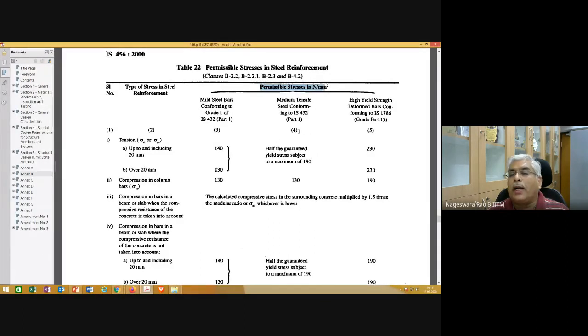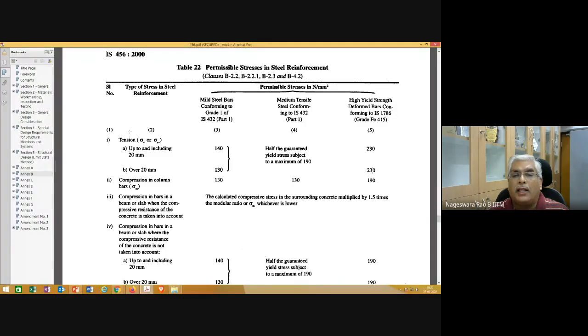And what about HYSD? High yield strength deformed bars conforming to IS 1786. That is nothing but grade FE415. For that, what is the permissible stress value in tension depending on the diameter of the bar? If it is less than 20 mm, what is the value? If it is greater than 20 mm, what is the value?